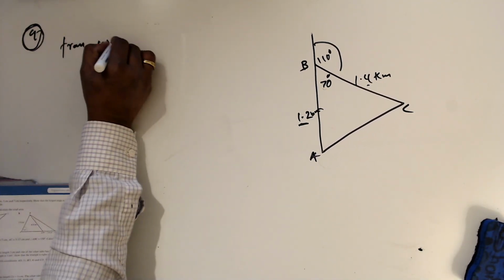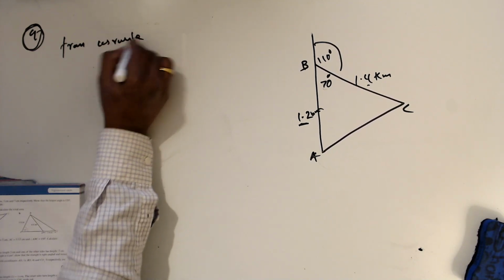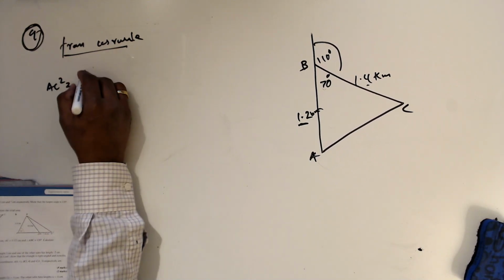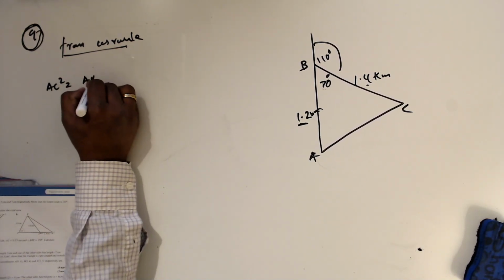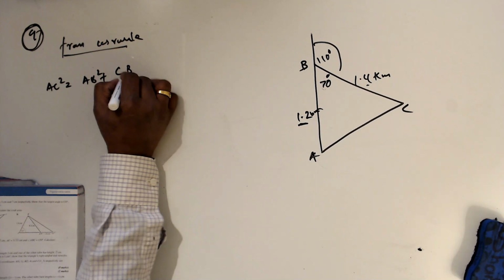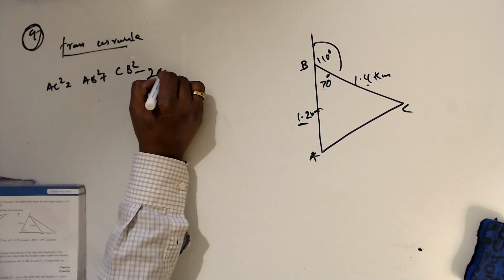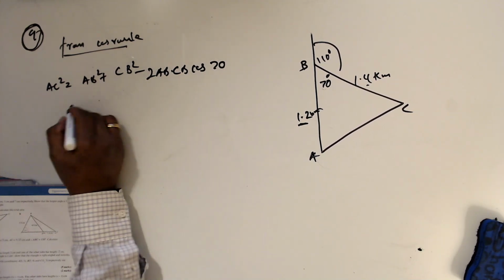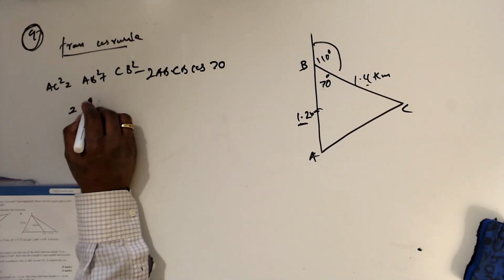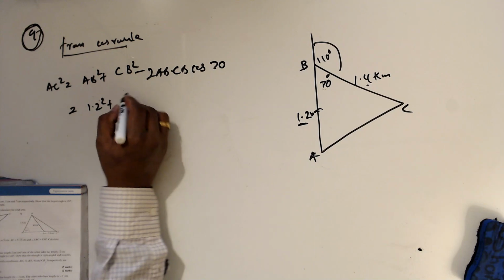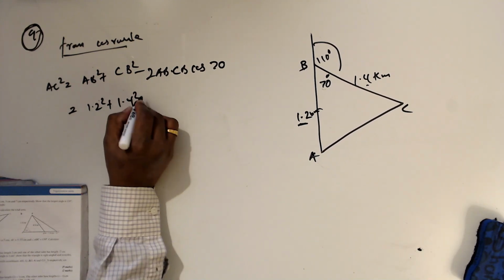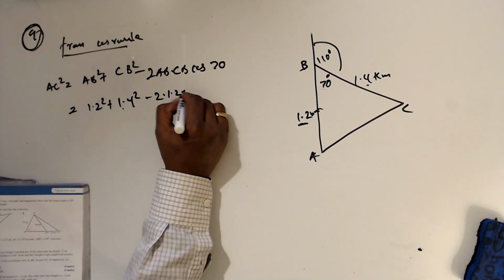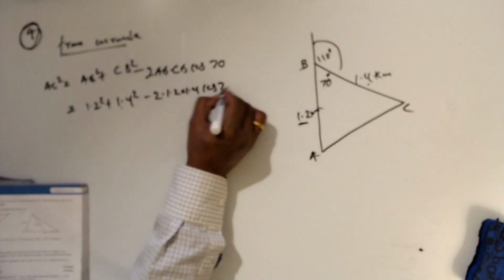From cos rule, AC square equals AB square plus CB square minus 2 AB CB cos 70. AB square means 1.2 square, CB 1.4 square, minus 2 times 1.2 times 1.4 cos 70.